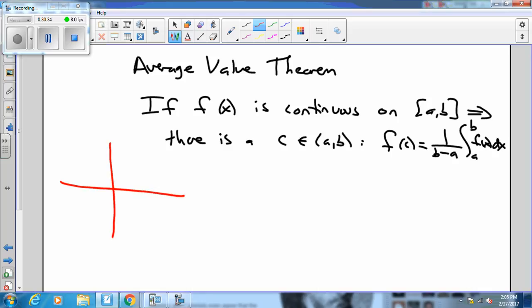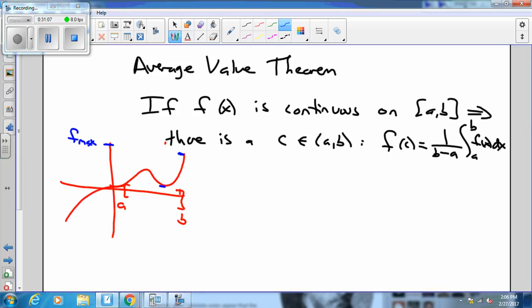And the picture practically proves the whole thing. I'll do the picture first, and then we'll write it. Let me make my function kind of funky. So let's pick a function that looks like this. And somewhere in here, since f is continuous on a closed bounded interval, f has to take on its max.